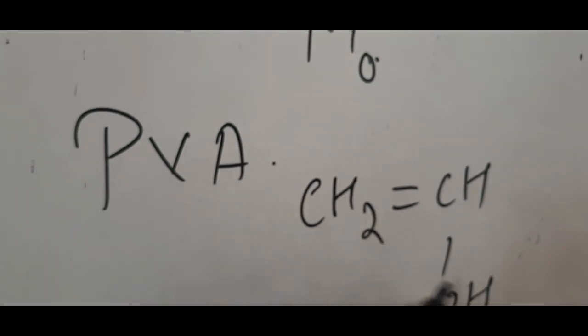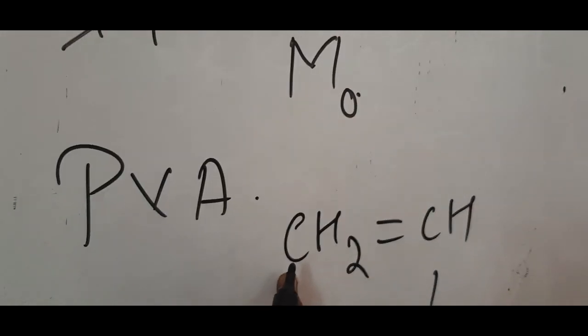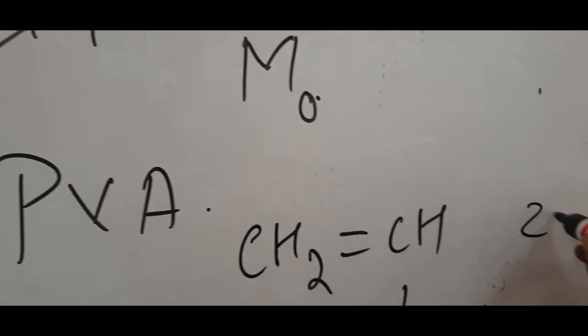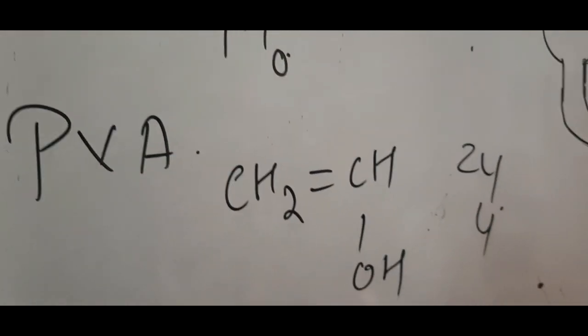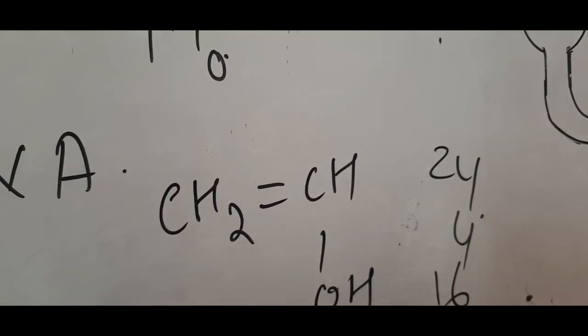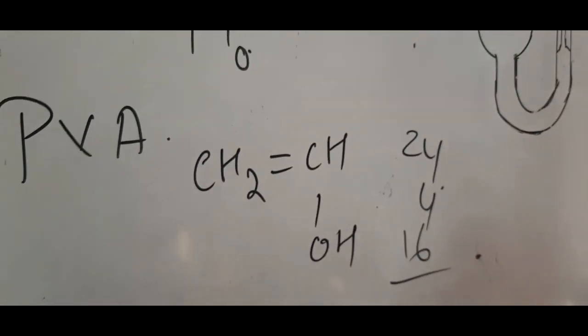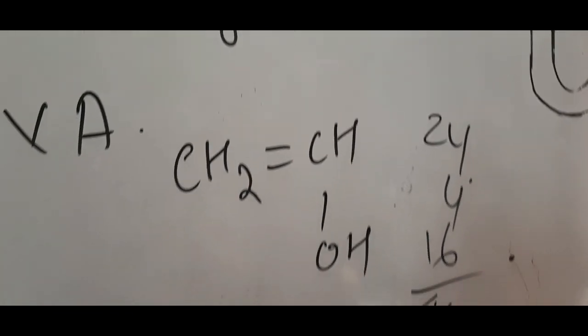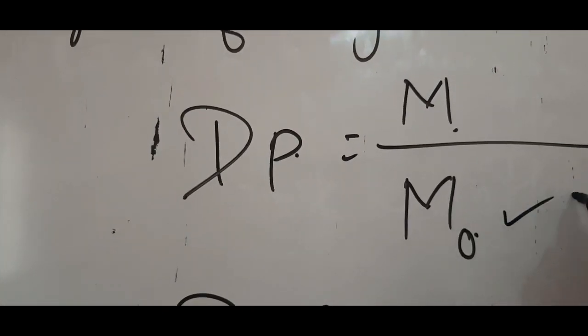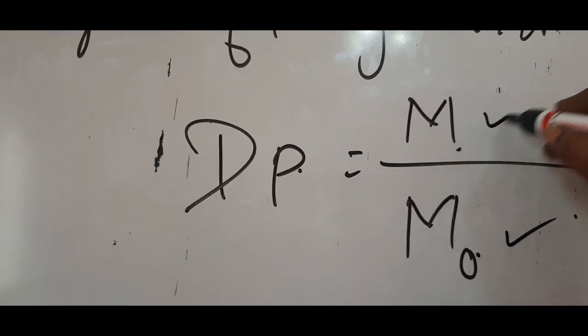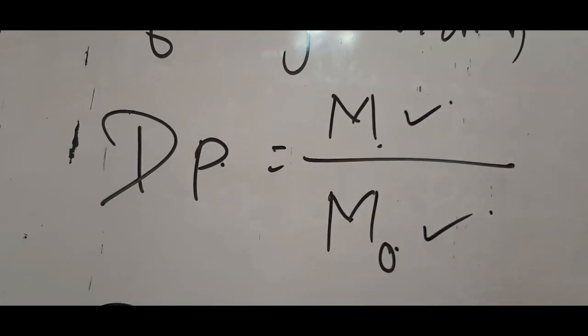How will you find that? 12 is the atomic weight of carbon, so 12 into 2 is 24, four hydrogens give 4, and oxygen's atomic weight is 16, so you get 44. So 44 will be the molecular weight of our monomer. The molecular weight of the polymer you can get from the Mark-Houwink equation.